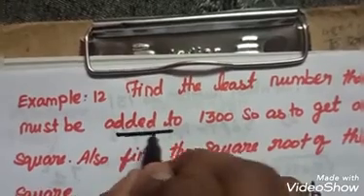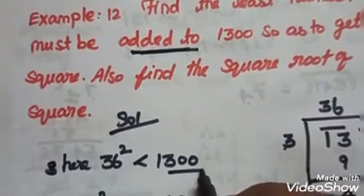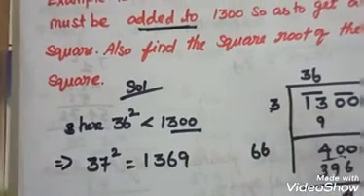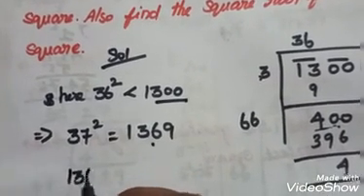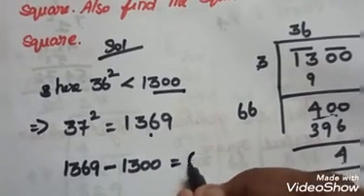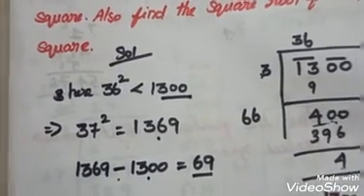We need to add something to the 1300. You must convert that into a perfect square. You can see how you get 1369 minus 1300, which is equal to 69. Why do I have to subtract this? Because 69 is the smallest number.